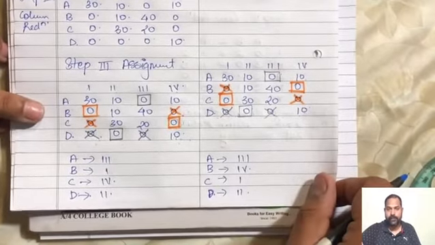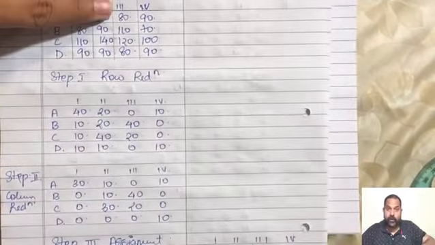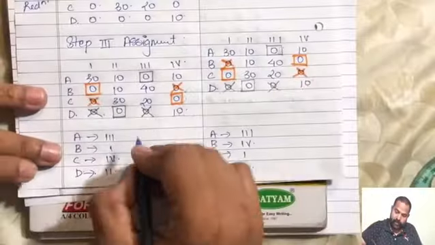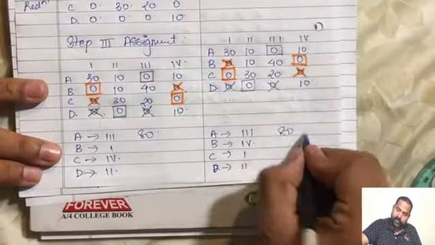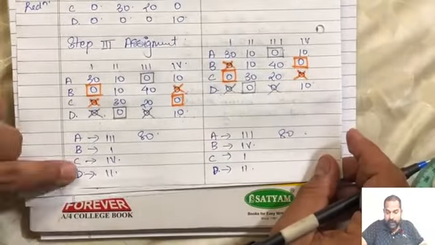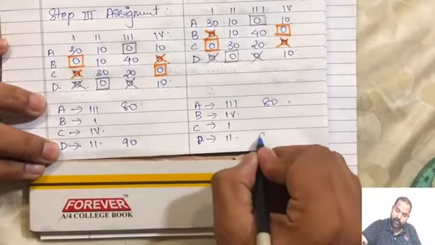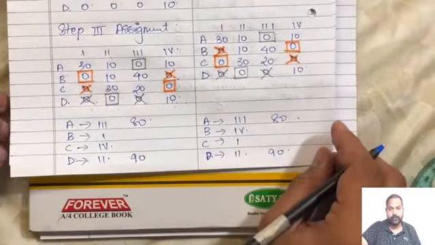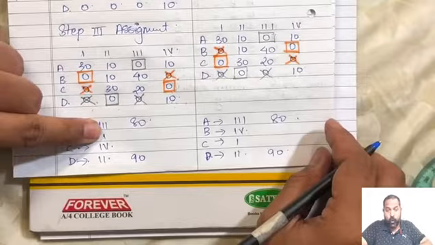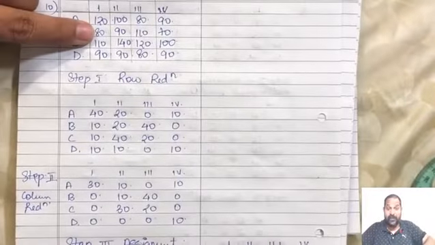Okay, then the values will also change. Well, probably. Let's check. A going to 3 is 80. So here and here it will be 80. D going to 2 is 90. So here also it will be 90 and here also it will be 90. B going to 1 will be 80.